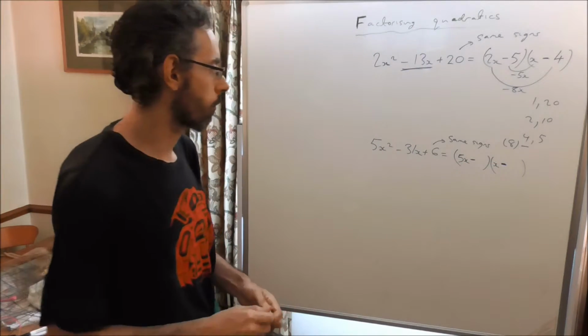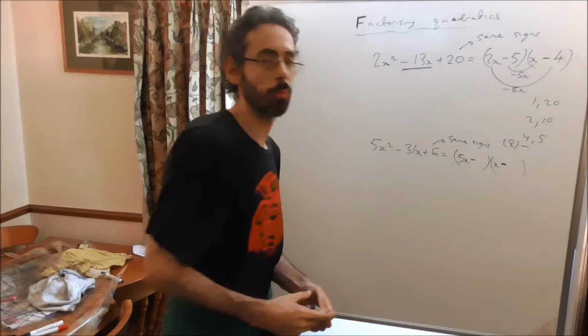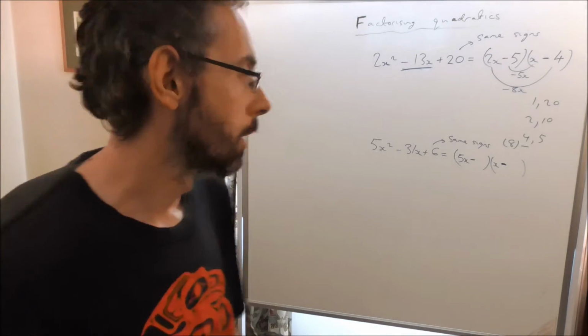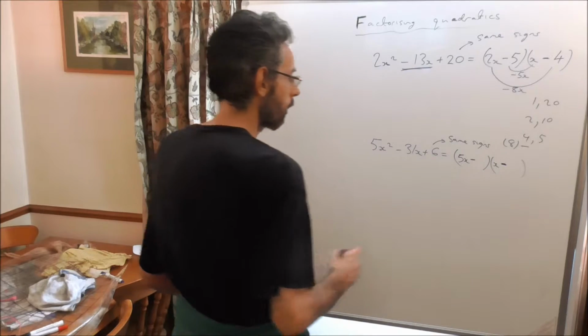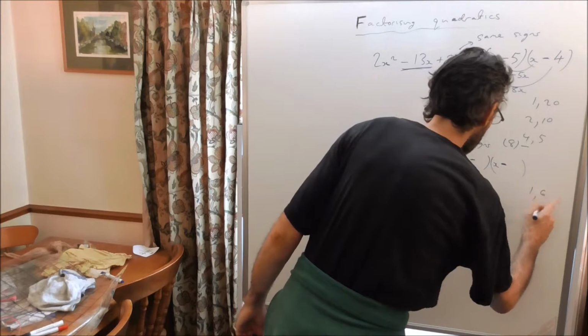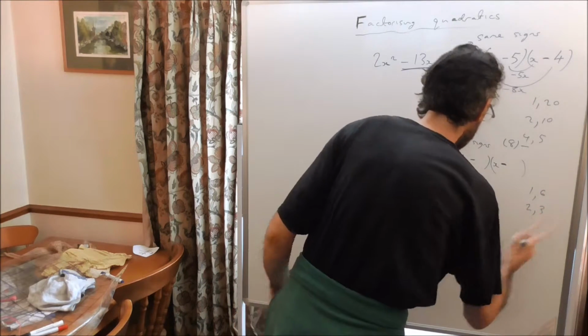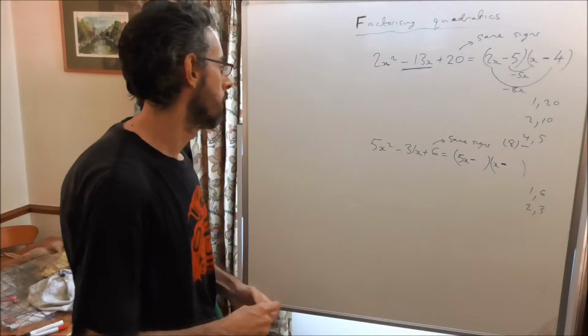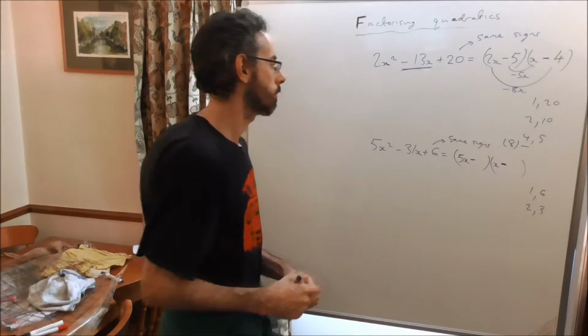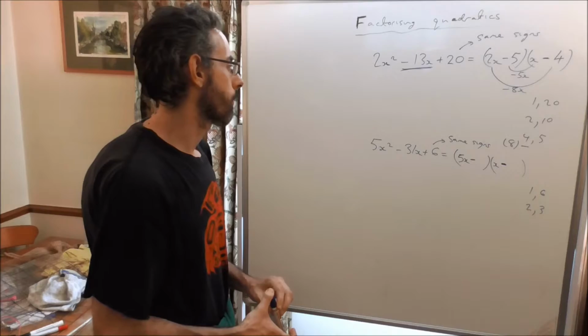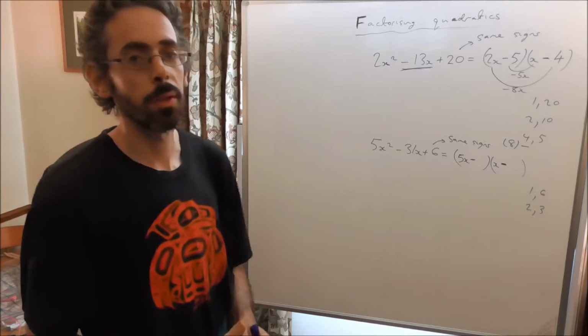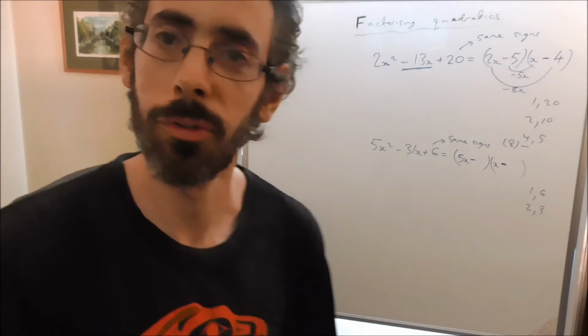Now we can sort of forget about the signs and just focus on finding pairs of numbers with a product of 6. So pairs of numbers with a product of 6 are 1 and 6 or 2 and 3. Now we've got minus 31x here, so this time we're looking for a pair with a total of 31, kind of.